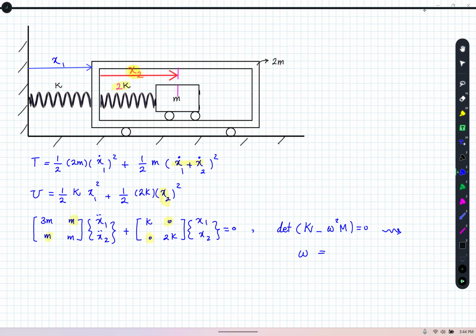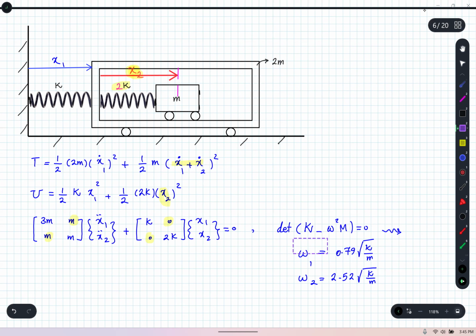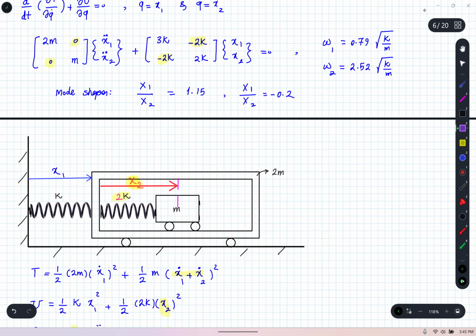So the first natural frequency is 79 root k over m, and the second natural frequency is 2.52 root k over m. Well, that's interesting. Despite our coordinates, our natural frequencies are exactly the same as before.